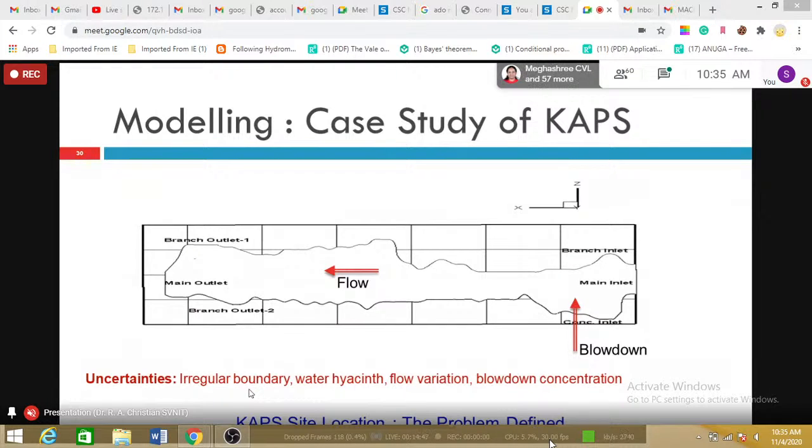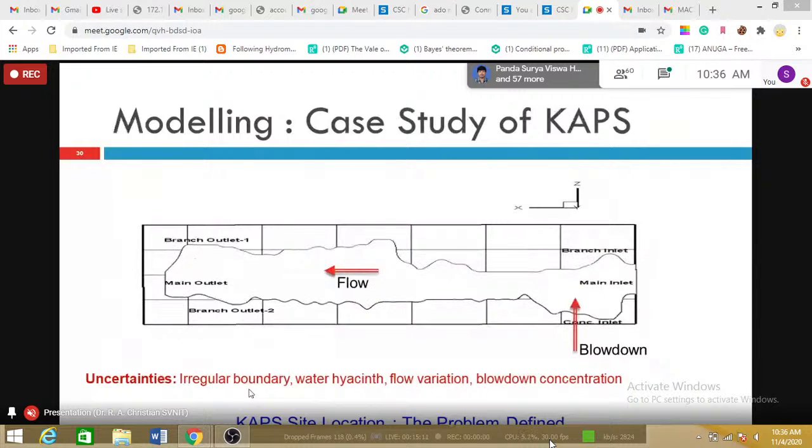If you are dealing with low data quality in your problem, then those uncertainties, those vagueness can be very well defined by fuzzy logic. So the challenges were the uncertainties. As I said, it was a natural canal, so the canal boundary was very irregular.